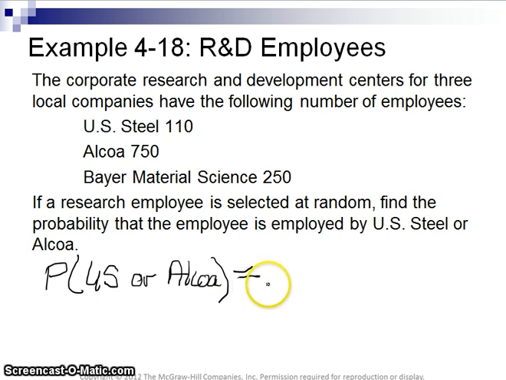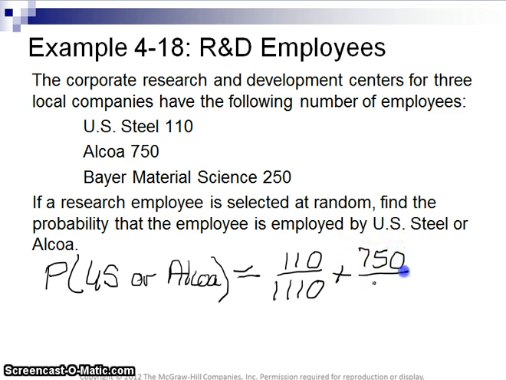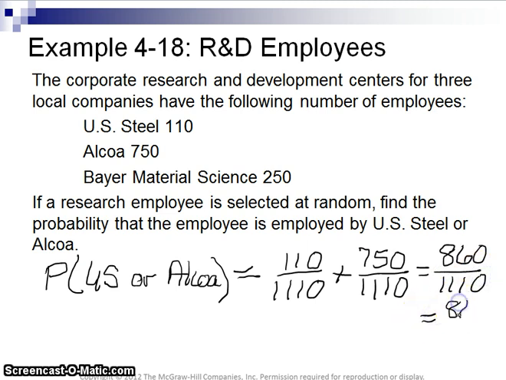So since there are no common outcomes, we're going to take the probability of U.S. Steel, which is 110 over 1,110, because that's the total number of employees, plus the probability that they're selected from Alcoa, which is 750 over 1,110, and that gives us a total of 860 over 1,110, and then we reduce that down to 86 over 111. Since the events are mutually exclusive, all we do is add the two probabilities together.